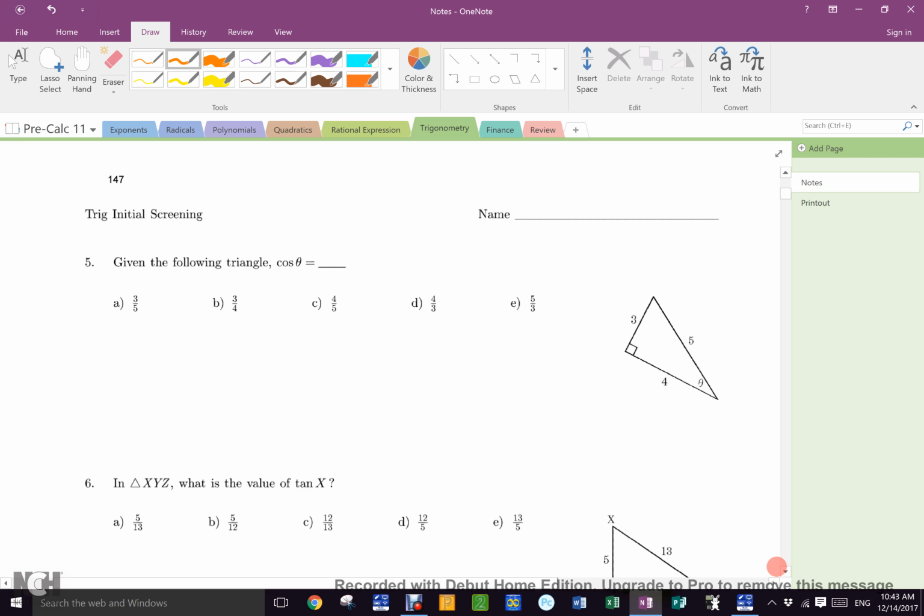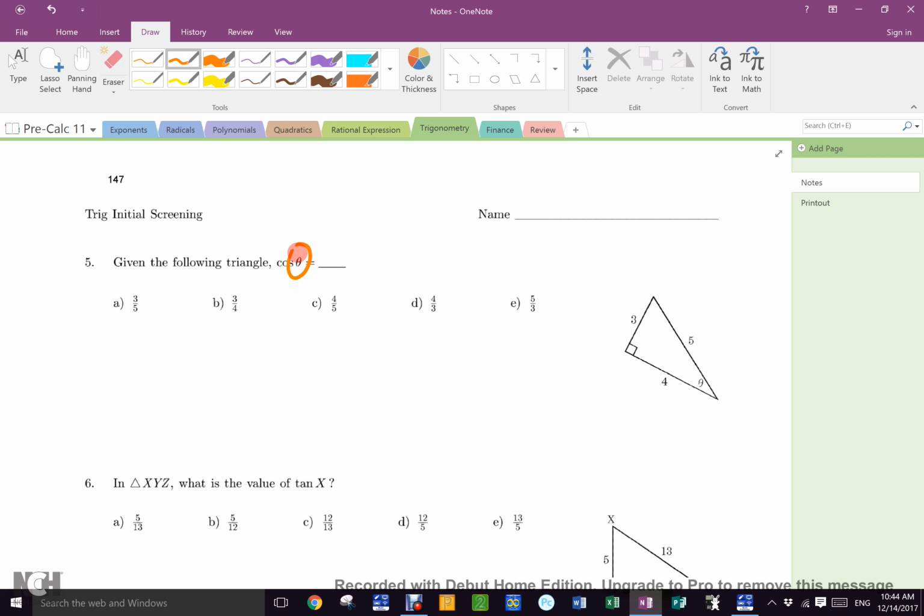Number 5. Given the following triangle, cos of theta, we all remember what theta means, right? What is theta? It's a Greek letter that we use to refer to the angle with which we are working.